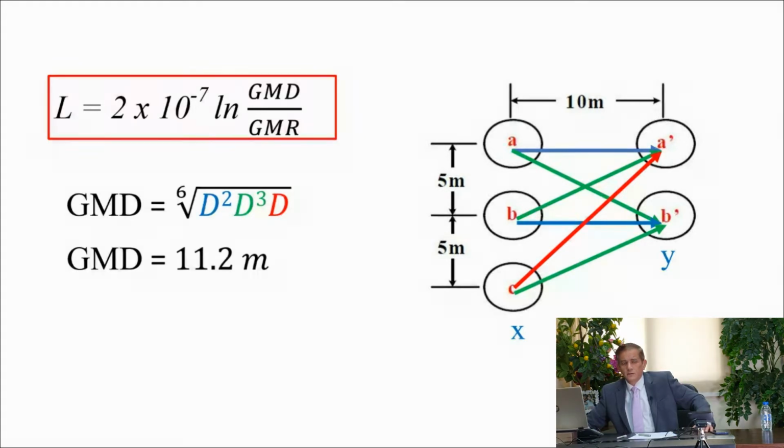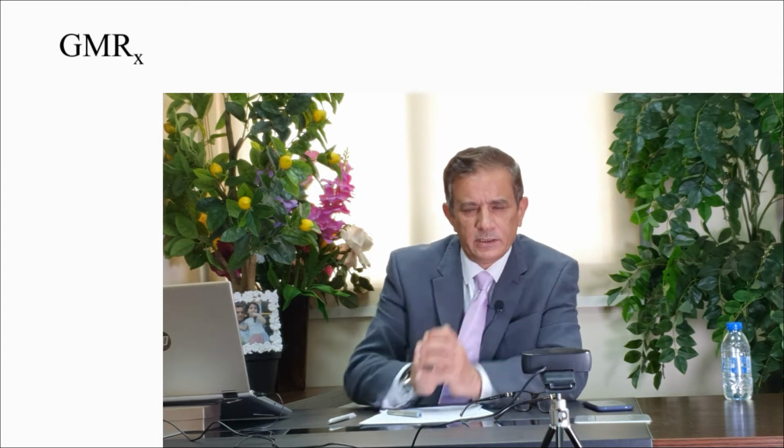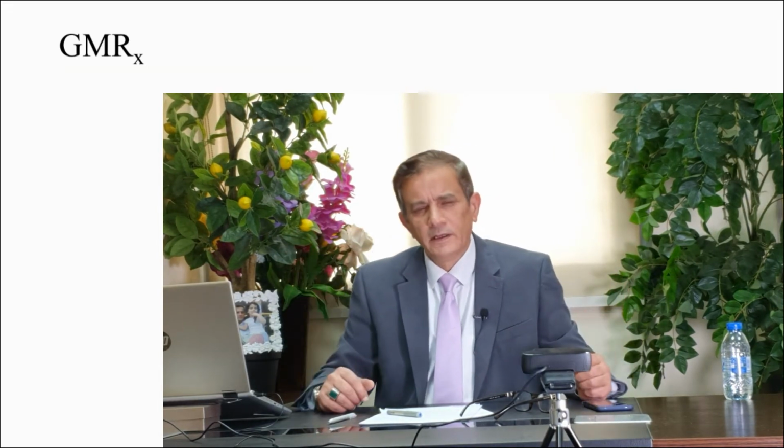Okay. Now, I will look for the geometrical mean radius. Remember always, distance is the relation between conductors and conductors. Radius means the relation between the conductors in the same bundle, in the same circuit. So on either side, like the cross arm on the tower, there are 3 conductors here and 2 here.